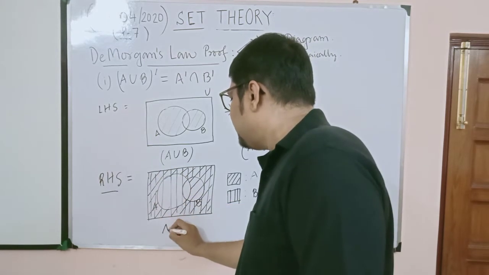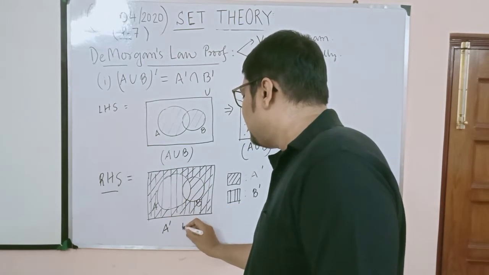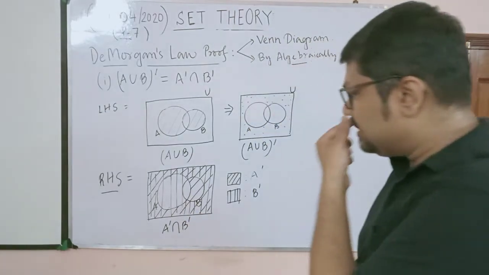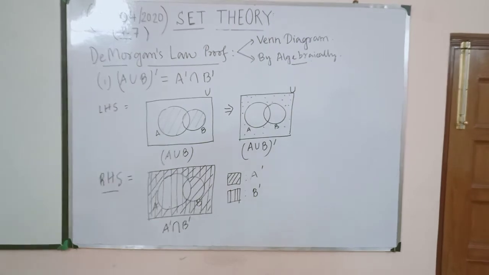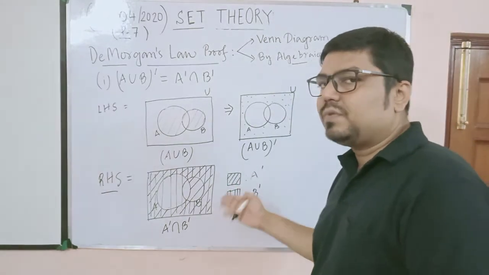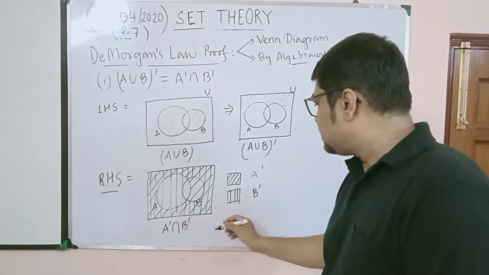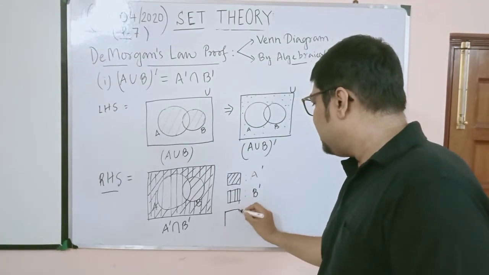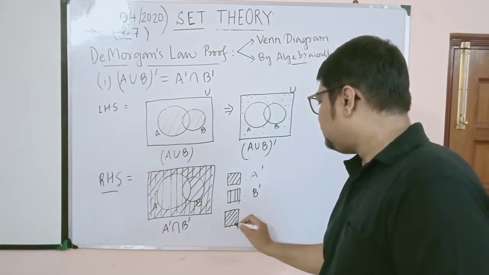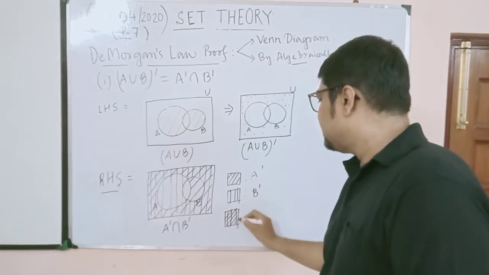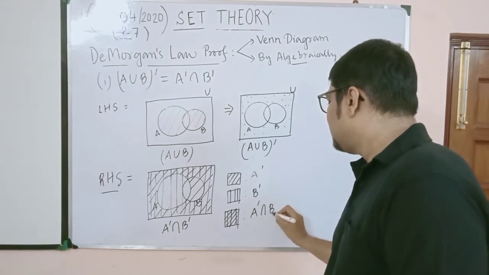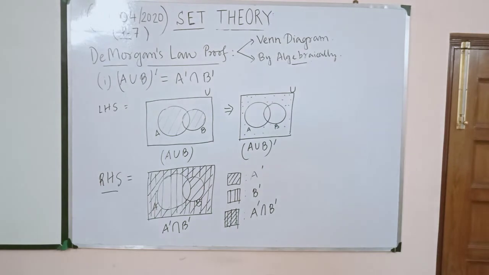Here we have seen A dashed, we have seen B dashed. And what is the intersection between them? Of course, the part which contains both kinds of shades, the oblique shades as well as the vertical shades. This kind of shade as well as this kind of shade is the area of intersection.